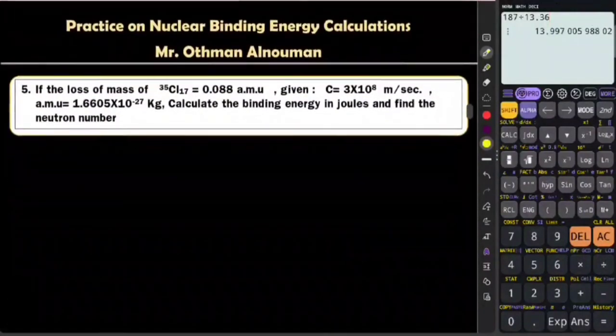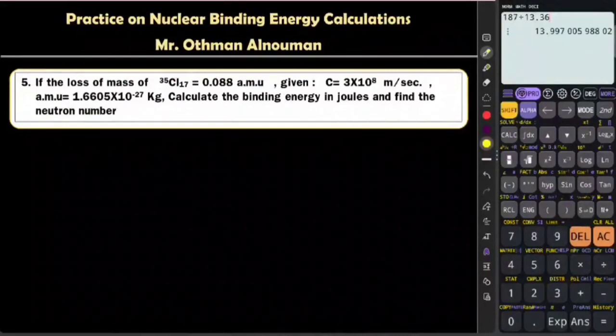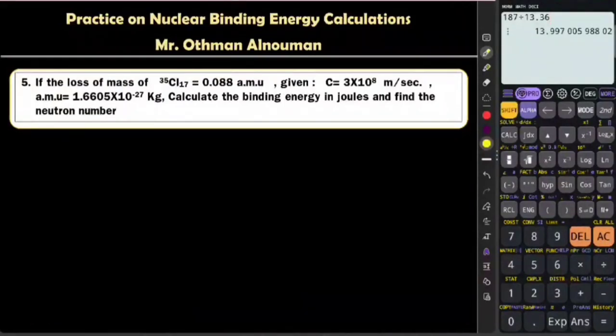Let's go to another question here. It says, if the mass loss, now this is the mass defect of chlorine, is 0.088 atomic mass unit, given the speed of light is 3 times 10 to the power of 8 meter per second, and an atomic mass unit to convert it to kilogram we multiply it by 1.6605 times 10 to the power of negative 27, and now it needs the binding energy.